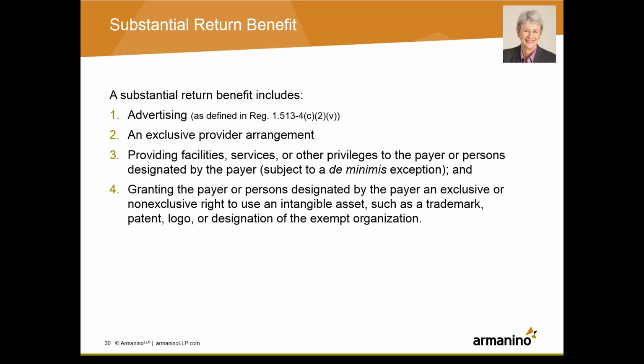As long as the benefit that you give back to the sponsor doesn't have a value of more than $2, then this falls under the de minimis exception. And again, we're trying to get this QSP to look much more like a contribution than a payment for advertising. Now, if the fair market value of the goods or services provided to the sponsor goes over the 2% limit, then the entire fair market value is a substantial return benefit.